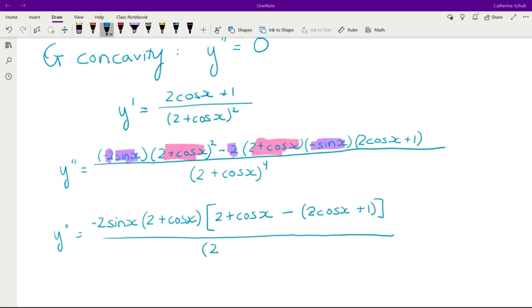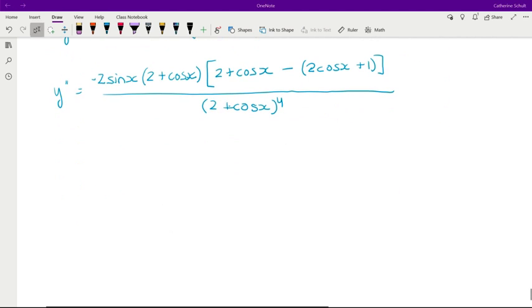And then we have the bottom. So here we go. We can cancel out, this is a factor, right? We have 1, 2, 3 factors.